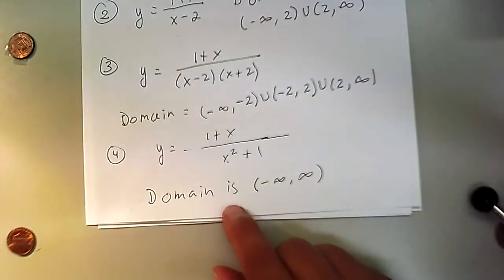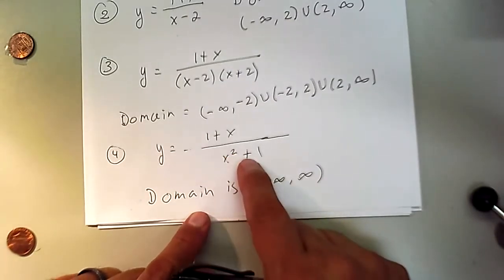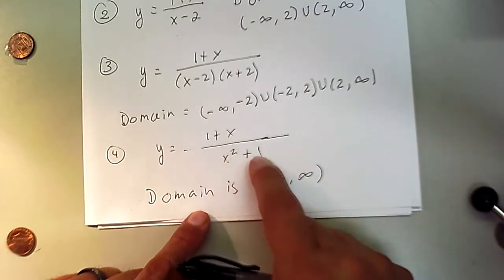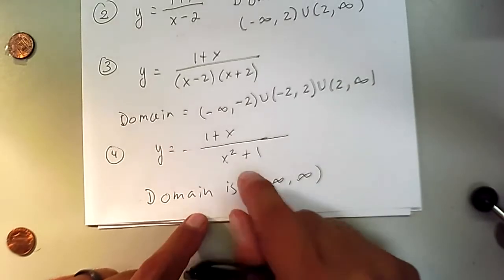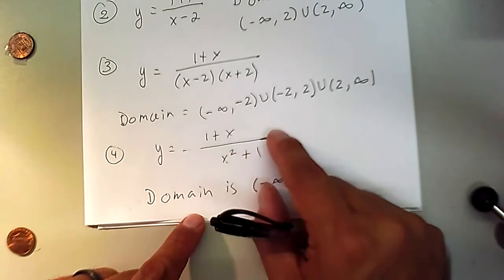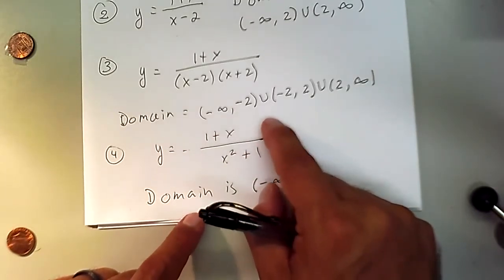So that's what happens here. This number is at least zero. If we add one to it, that means that the output of the denominator will be at least one. So we will never have to divide by zero.